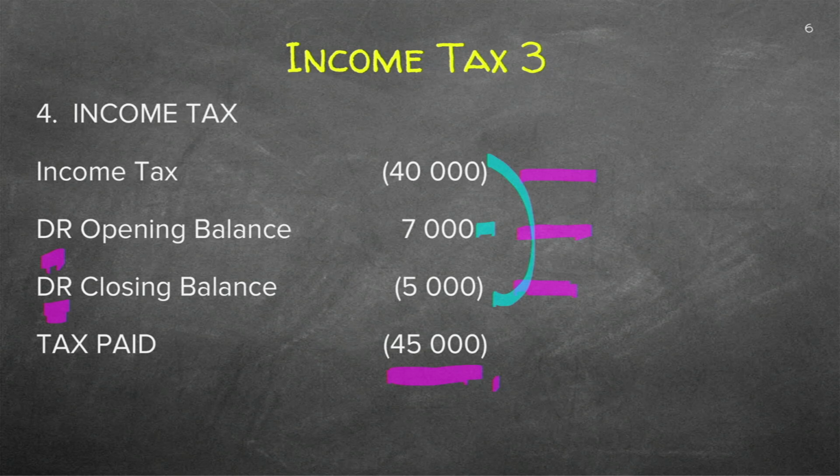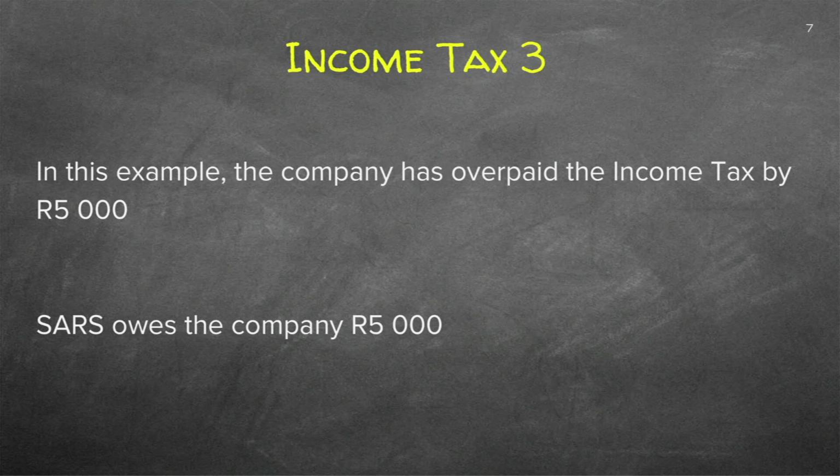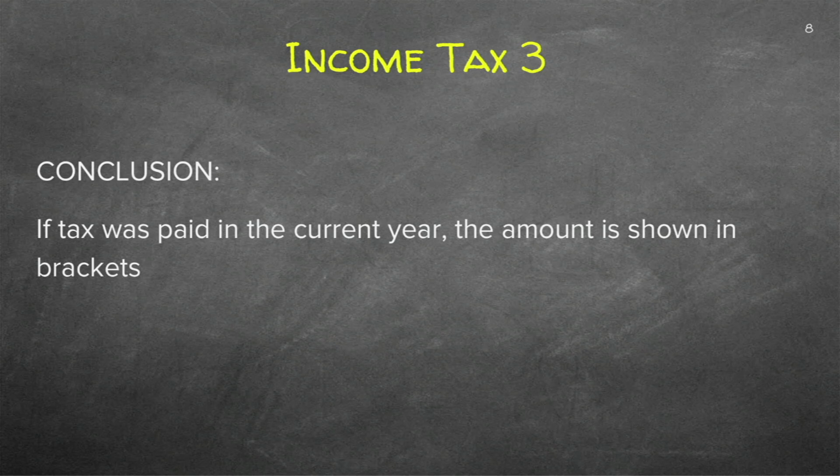So amount of tax paid, 45,000 Rand. So in this example, the company has overpaid the income tax by 5,000 Rand. That in reality means that SARS owes us a refund of 5,000 Rand. And that's why it will be in trade and other receivables and not in trade and other payables.